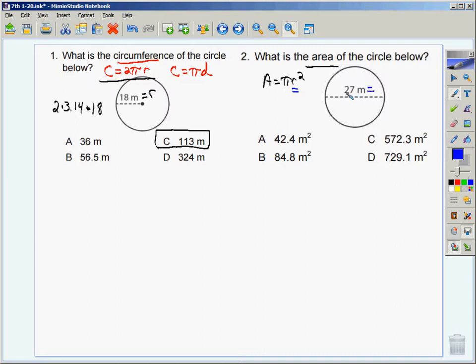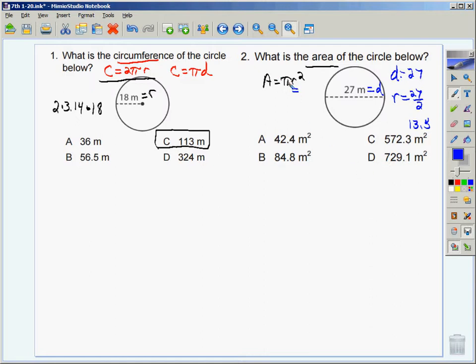Did they give me the radius? No. They actually gave me the diameter. And if the diameter is 27, then the radius is 27 divided by 2, or 13.5.